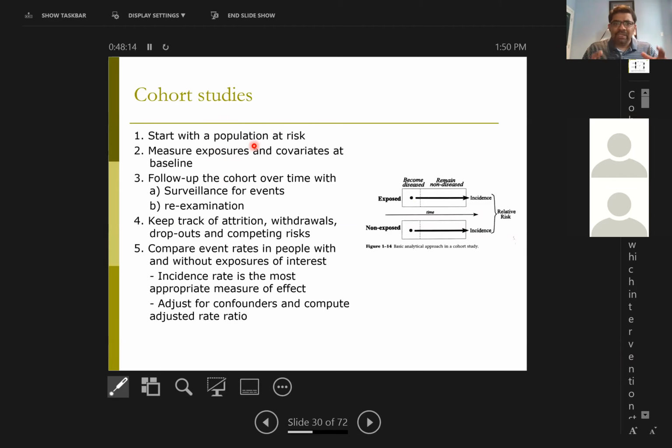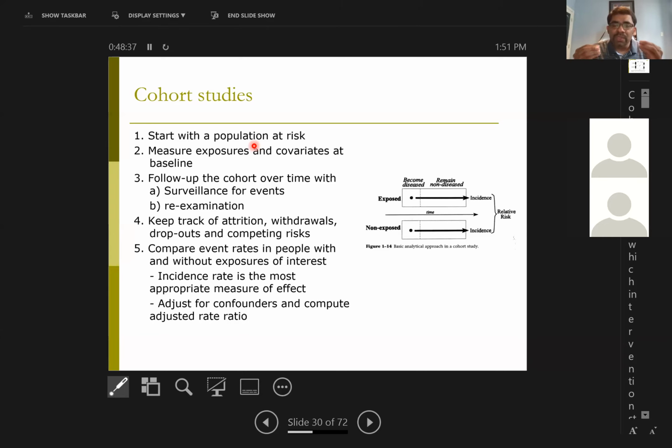Then we measure exposures, whatever they are: medicine, smoking, weight, height, whatever you want. And then we allow natural history to happen. Whatever happens, happens. And then we follow up that cohort to see how many people fall sick, who gets the disease, who doesn't get the disease.